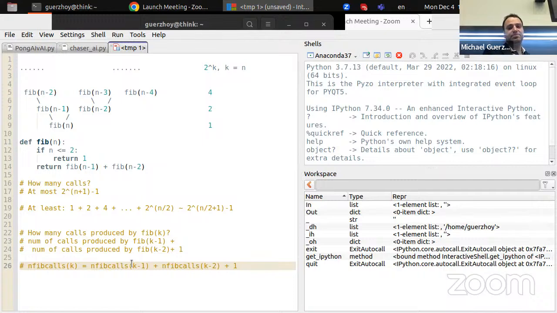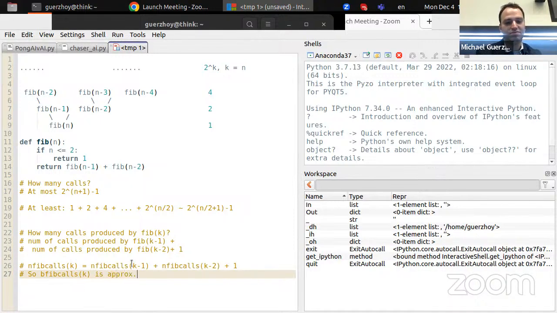Right? Just because the definition here is almost the same.